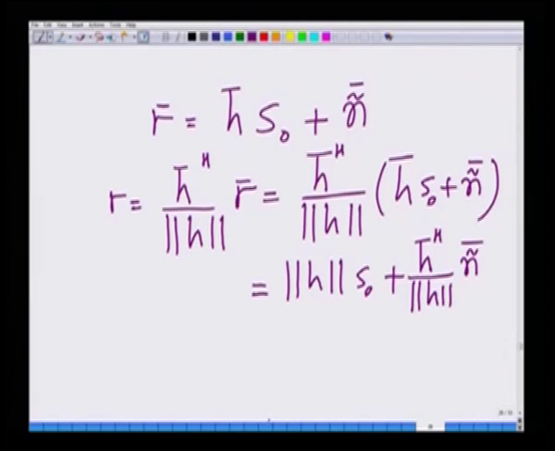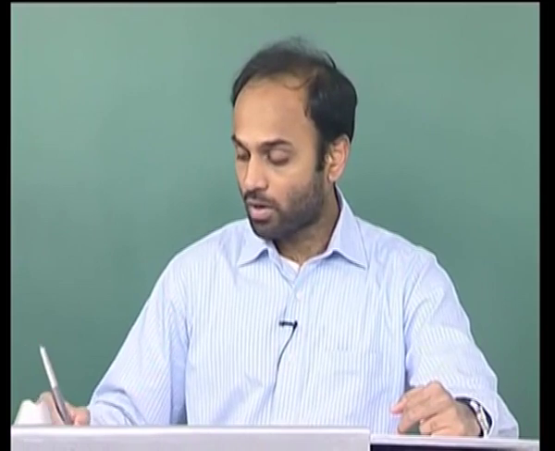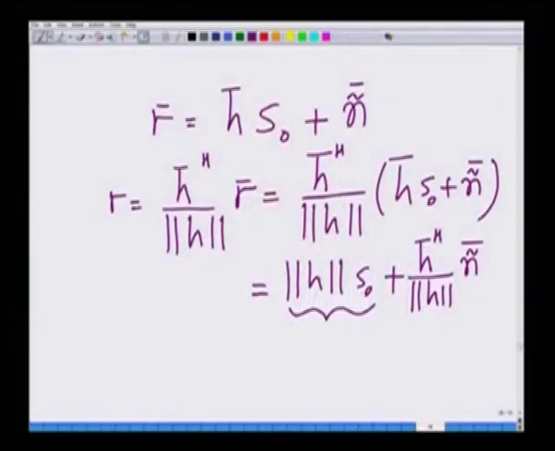and we have seen this in the case of maximal ratio combining before. The SNR: the signal power is nothing but the power in this, which is norm H square into power of S0, over the power of noise. So, this is the signal, this is the noise.